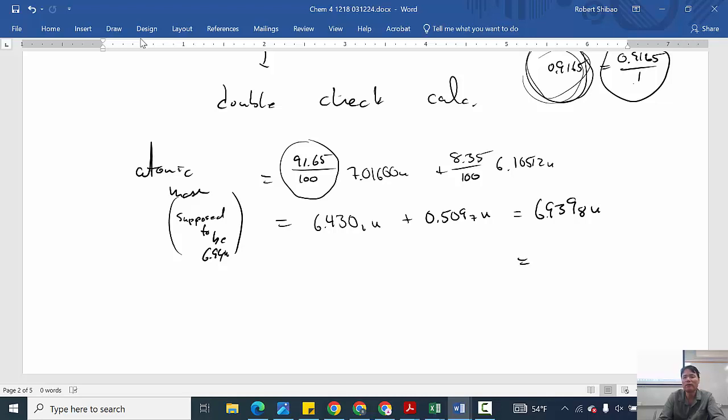And then I'm going to round this to 3 decimal places. What does this round to? 6.940 u. Okay, so do they match? Yes. And so these percentages are correct.